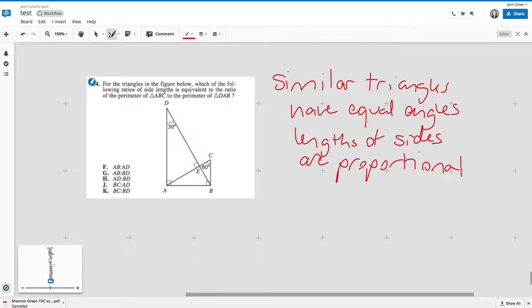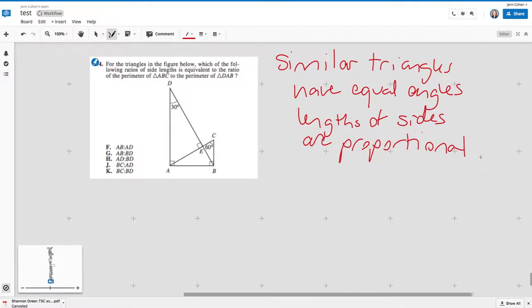With this one, because of the way they have this oriented, I think it's easier to redraw the triangles so that you can match up the sides, because if you have the sides different, you're going to get in trouble. D, B, and A. This is the 30 degree angle. This is the right angle.